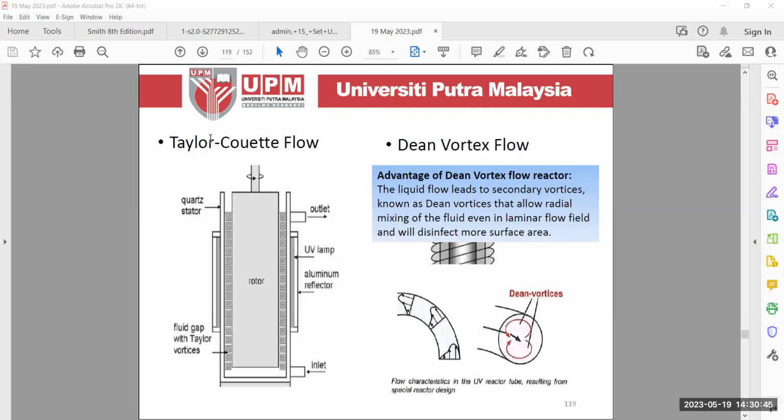Okay, something like this, Taylor-Couette flow, where you have a rotor that can move, okay, it will circulate, then all your liquid food would be minimized to a very thin layer, and it will be exposed to the UV lamp at the side. The Dean vortex is basically a technology that uses a convoluted tube. So you would have the UV lamp inside of it. Okay, so you would have your juice circulating around and increasing the surface area.